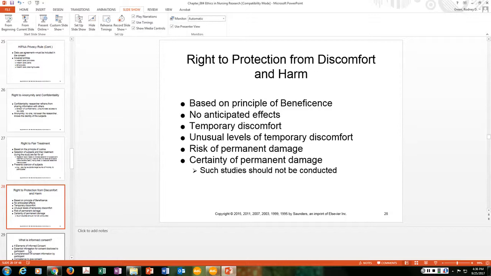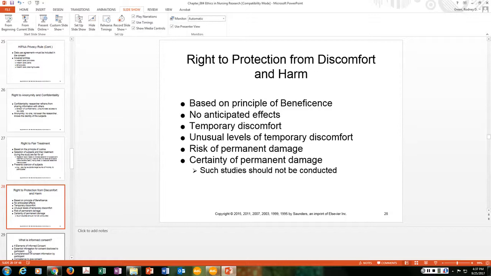Unusual levels of temporary discomfort. For example, having a study that confines a patient to bed for 7 days to study the effects of immobilization. Or patients asked to relive painful events in their life.